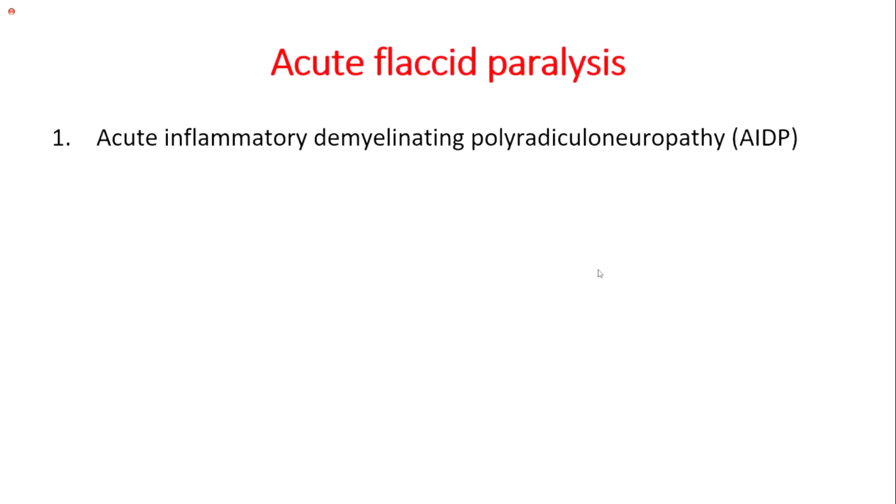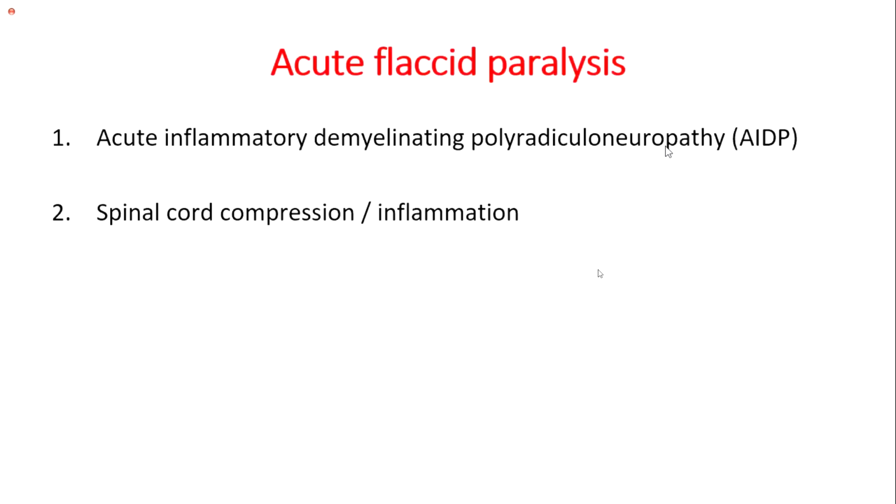So that's the term. Now, when a patient comes with this description or this presentation, we consider certain diagnoses. One of those diagnoses is acute inflammatory demyelinating polyradiculoneuropathy. Right? The second differential diagnosis is a spinal cord compression or inflammation.